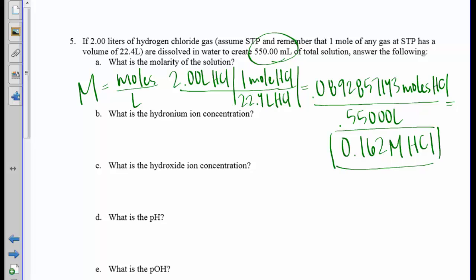Now moving on to B, it says, what is the hydronium ion concentration? Remember, hydronium ion is really the same thing as hydrogen ion. So we're looking for the hydrogen ion concentration. We need to think about what our solute is, if we have a strong acid, a weak acid, a strong base, or a weak base, in order to answer this question and the following questions. Our acid in this example is hydrochloric, which is a strong acid.